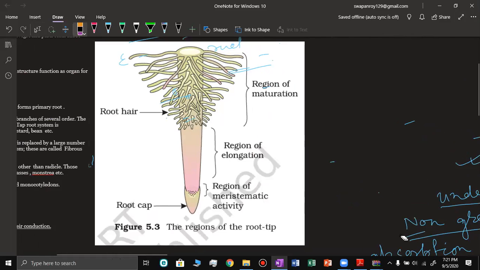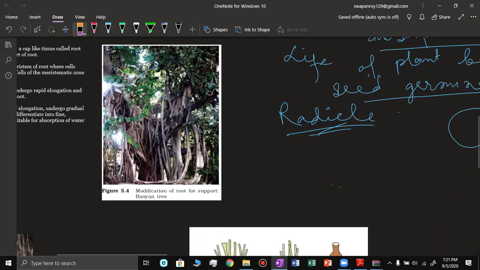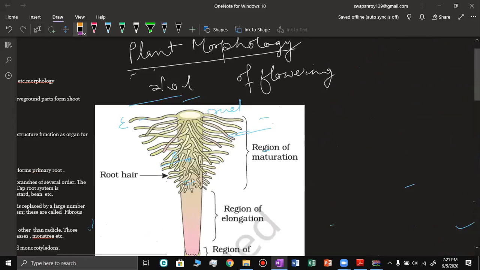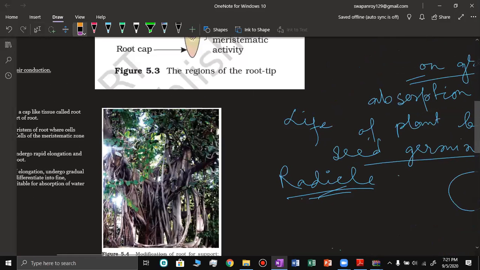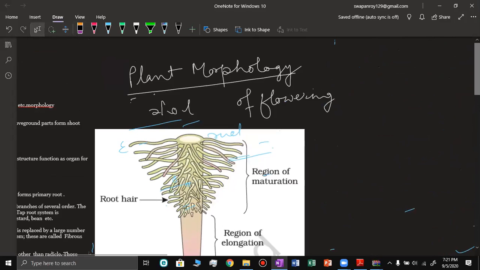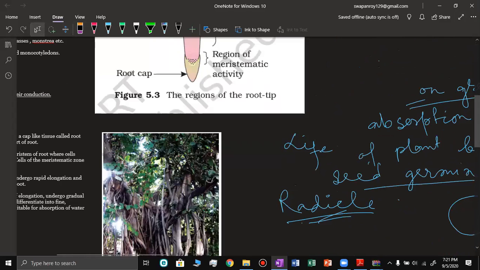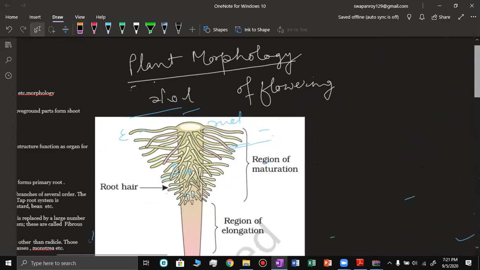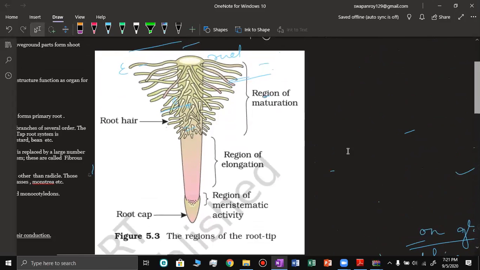See here, in all the growing roots, they have different parts. This is the diagram. You can get this one in your book also.